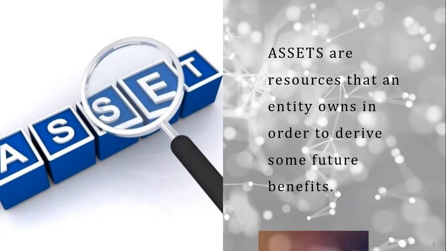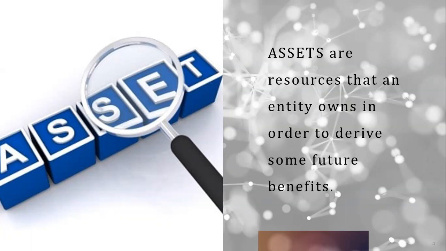The main feature of these assets is their capability to give benefits to the entity. These benefits are usually in the form of their ability to directly or indirectly increase the inflow of cash to the entity or reduce its outflows.